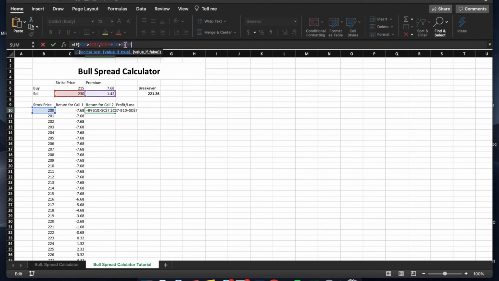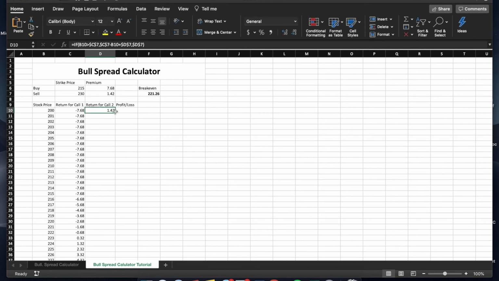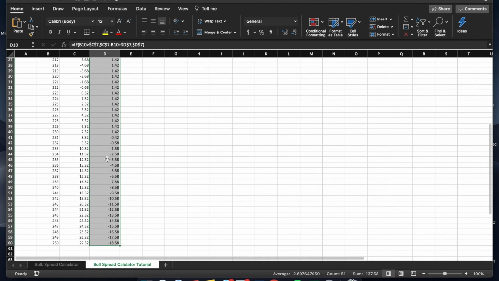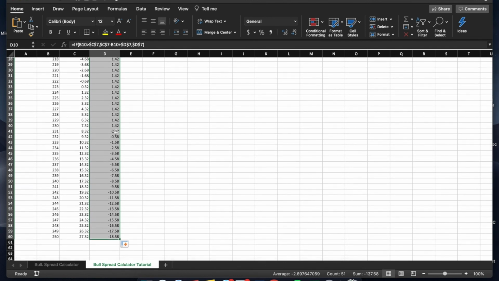Make sure to lock that. That's the value if true. The value if false is just the premium credit received, which is $1.42. Make sure to lock that. And then from here, you can see the max profit and loss based on the sell call.